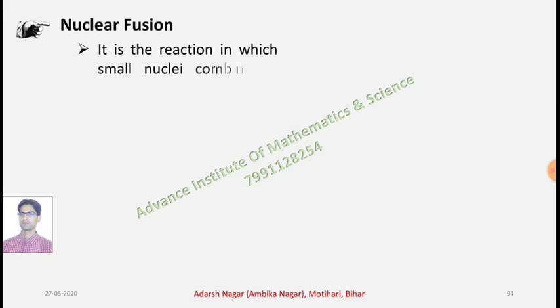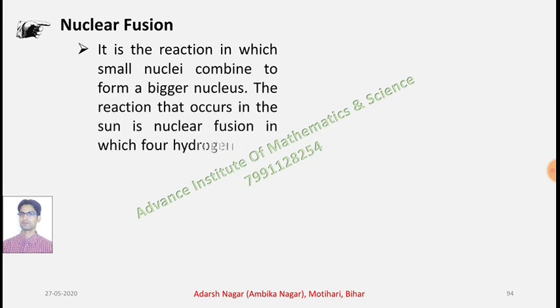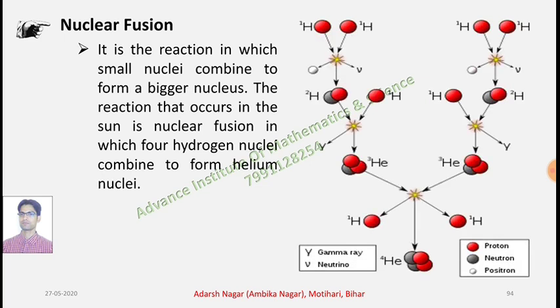Now nuclear fusion. It is the reaction in which small nuclei combine to form a bigger nucleus. I have already told you at the start of the video, when a smaller nucleus combines to form a bigger or heavier nucleus, it releases lots of energy.